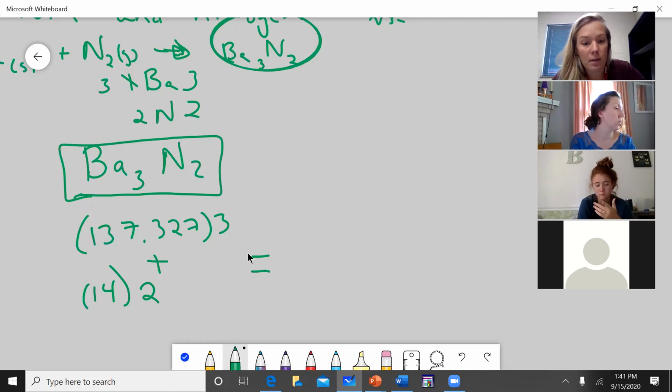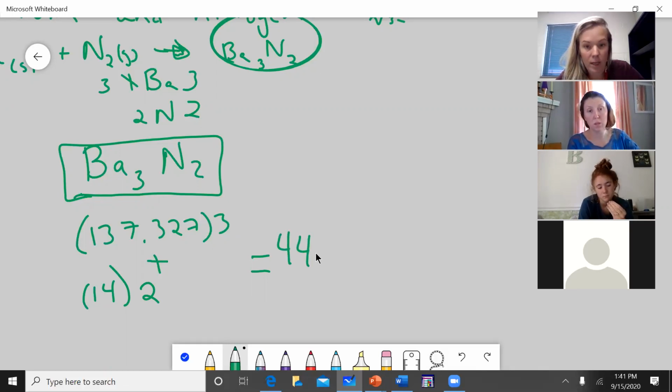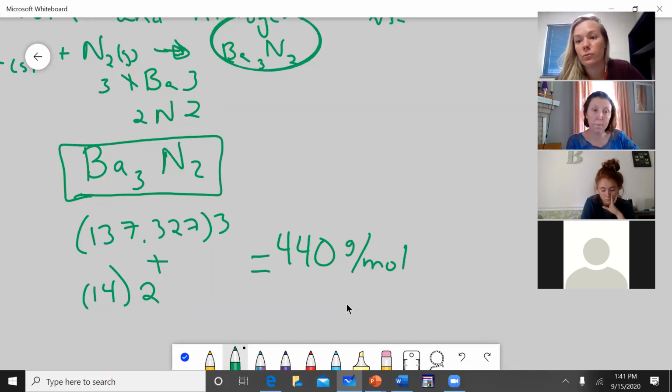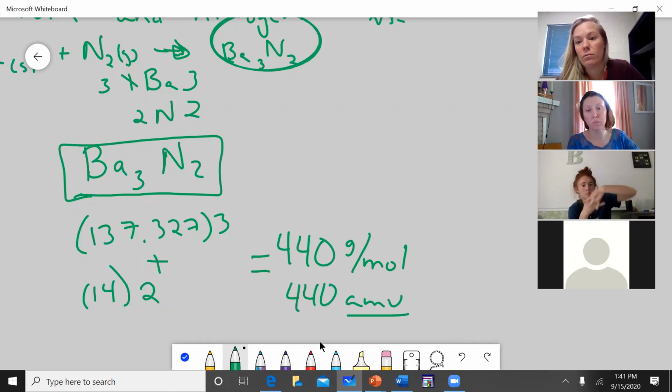We should end up with a relatively large number, actually. I got roughly 440. And the units on this are going to be grams per mole. Okay. Or you can say 440 AMUs. So this number times 3 plus this number times 2.